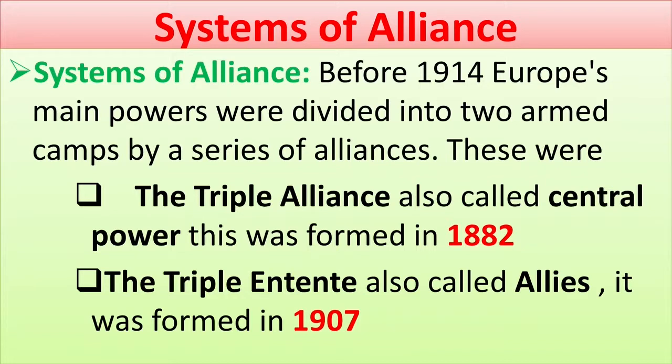It was formed in 1882. The number two alliance was the Triple Entente. The Triple Entente was also known as the Alliance, and it was formed in 1907.